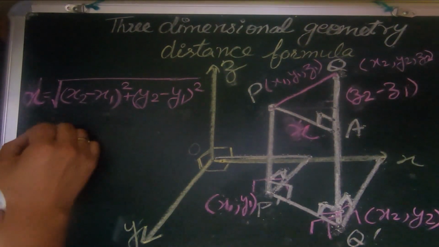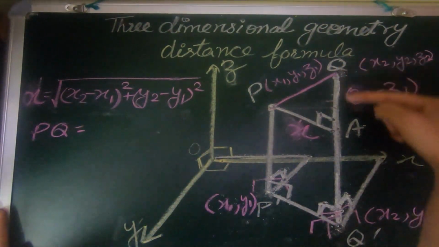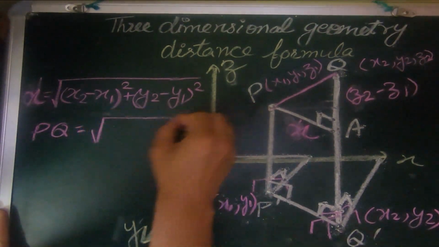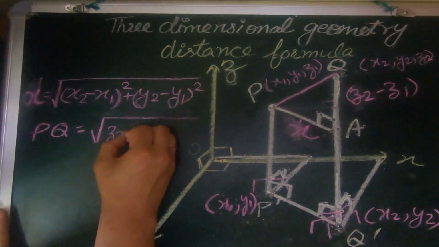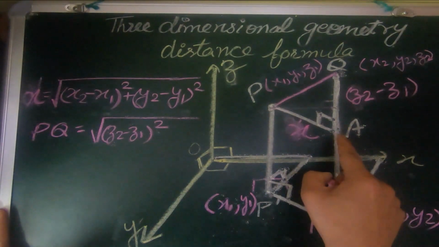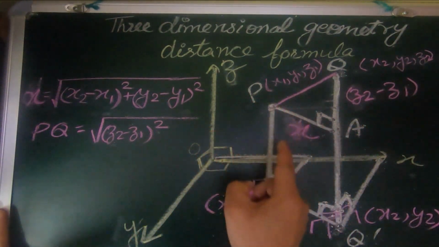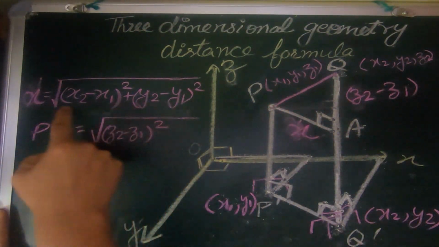So PQ square equals QA square plus PA square. That means PQ is root of QA square, that means Z2 minus Z1 whole square, and plus PA square, this side. Okay, and this side is actually this.